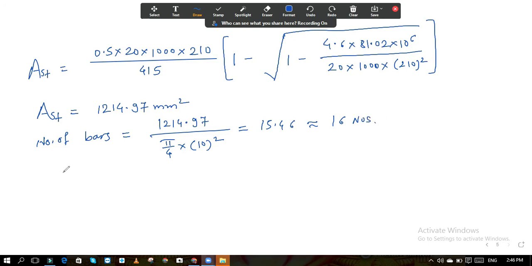Okay. So calculate the AST provided, which is actually provided. What we are going to provide?